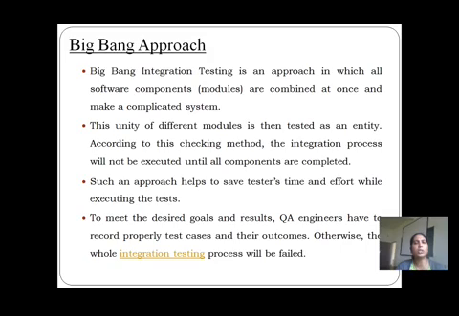This unity of different modules is then tested as an entity. The concept of an entity is nothing but a real world object. These objects are the system modules, and we need to test the unity of the different modules.